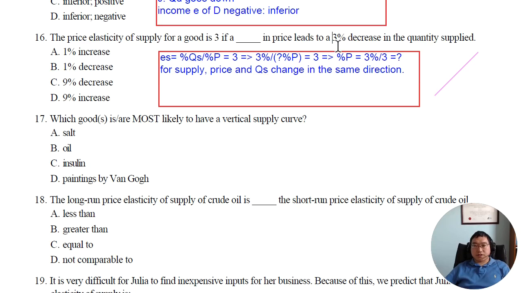So there's a decrease in the quantity supplied. In other words, it's negative 3%, and I just need to carry this over. So the change is negative 1%, or say a 1% increase. It's straightforward.